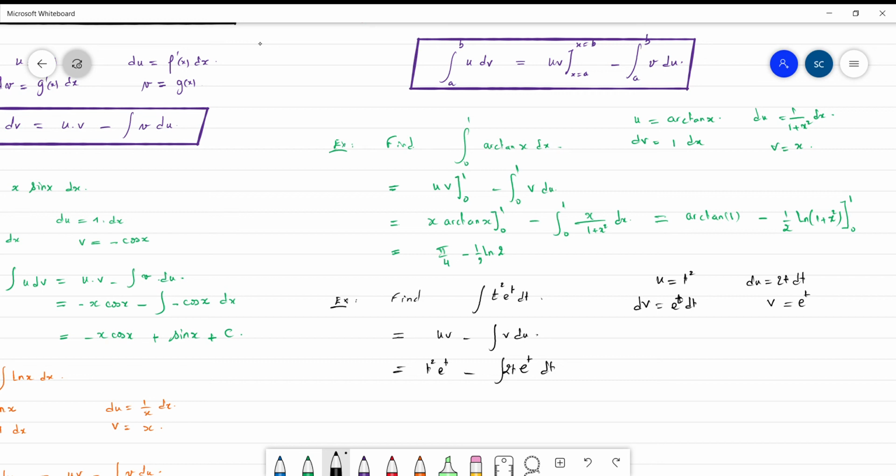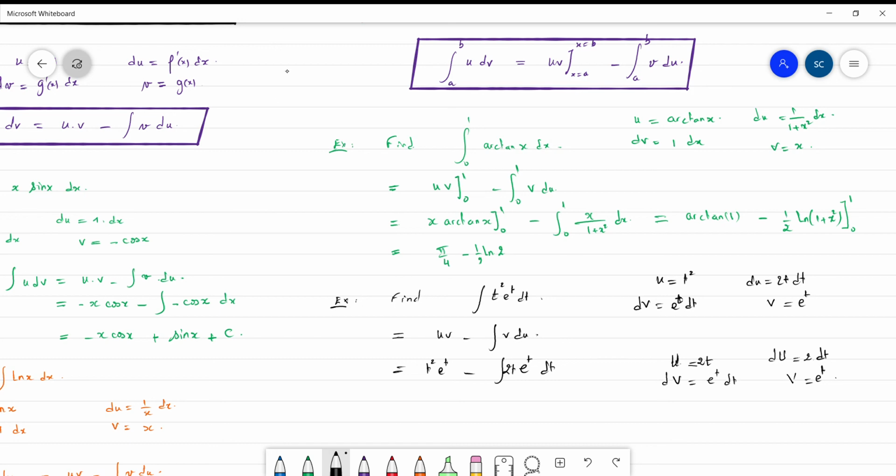So I will make another integration by parts for this integral. I'm still using the same notation, but I know what I'm doing. Otherwise, if you are worried, you can use capital letters, for example. Let's put U equal to 2t, then dU will be 2 dt. What about dV? Let dV be e^t dt, then V will be e^t.